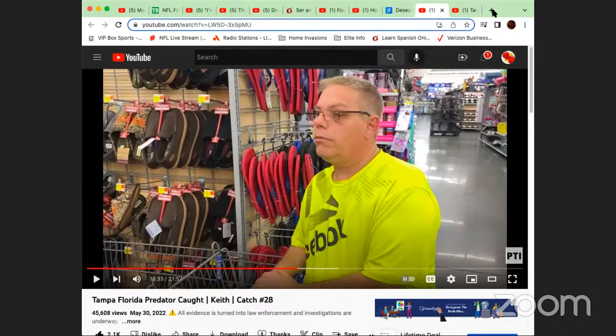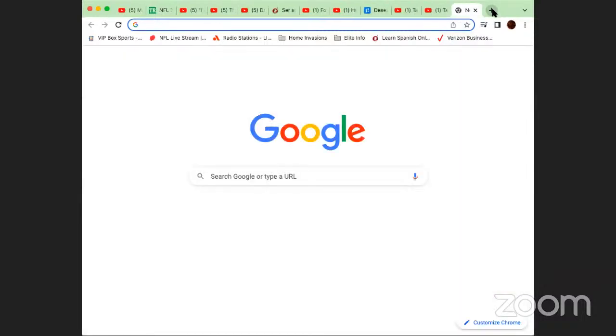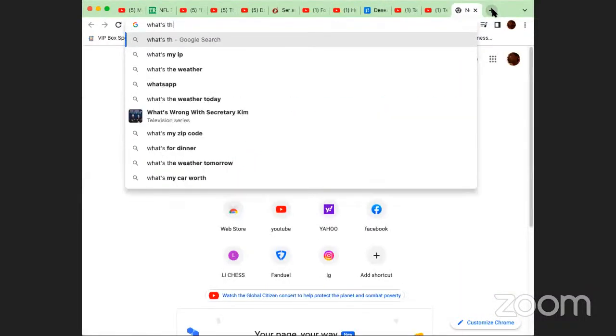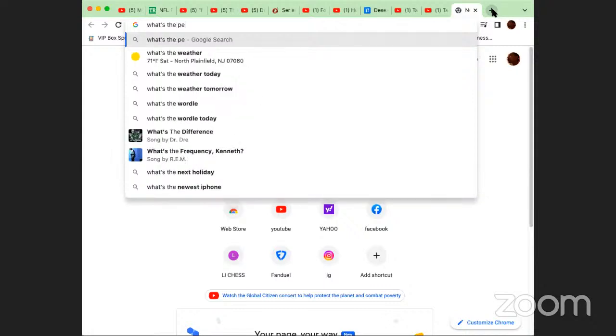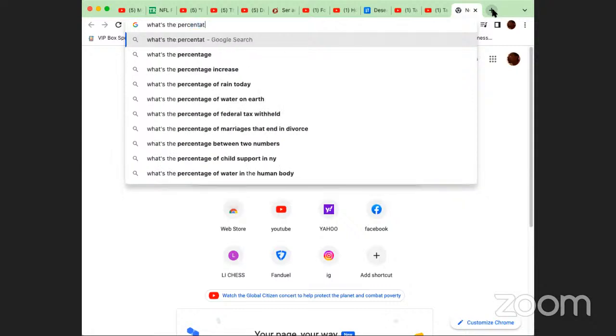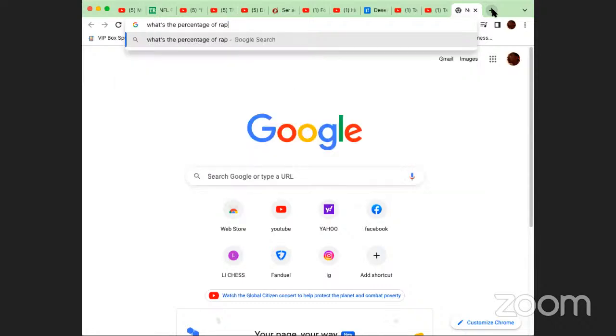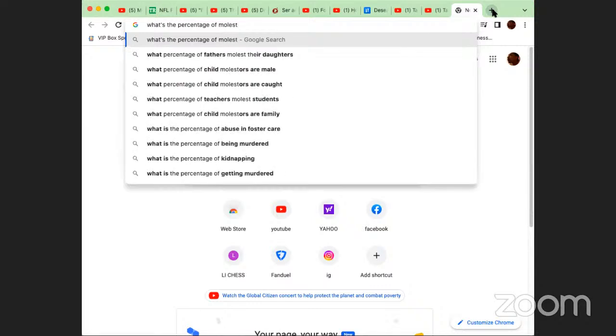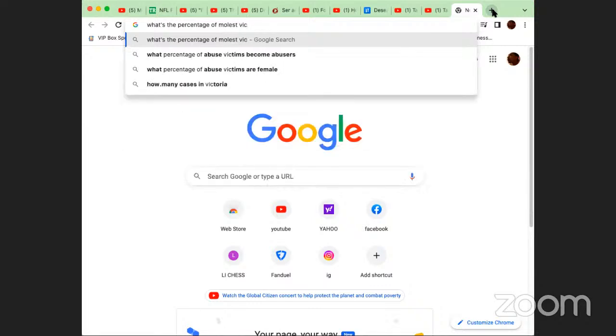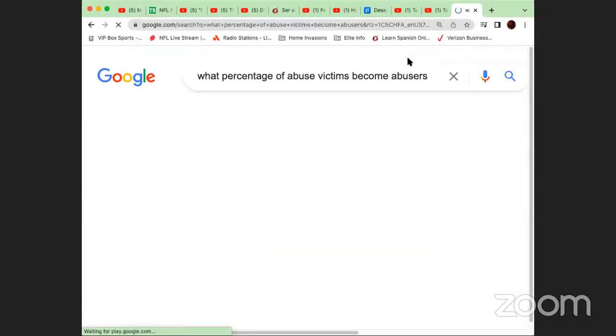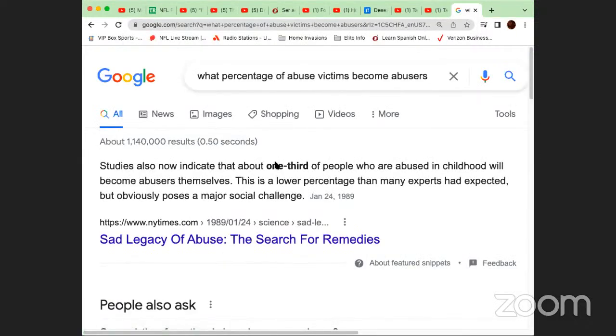I think they say, what's the percentage? Here we go. One-third of people who are abused in childhood will become abusers themselves, 33%.